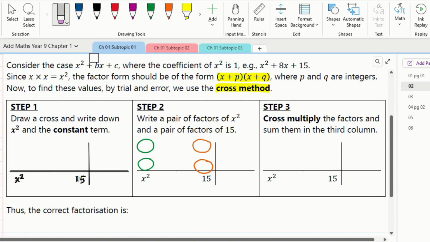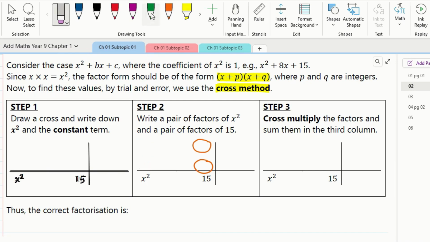For x squared, we have decided to put x and x. So here, let's put in x and x. And as for the factors of 15, 15 has two possible combinations. You can have 1 times 15, or you can have 3 times 5.